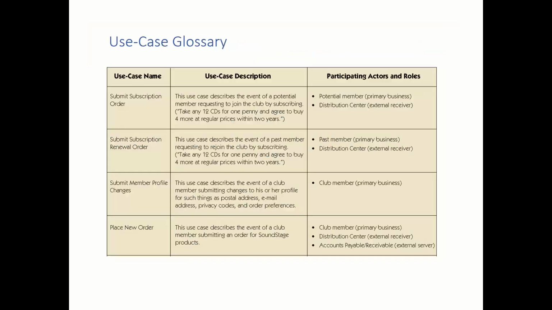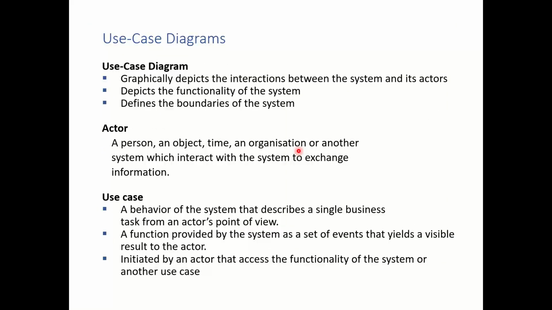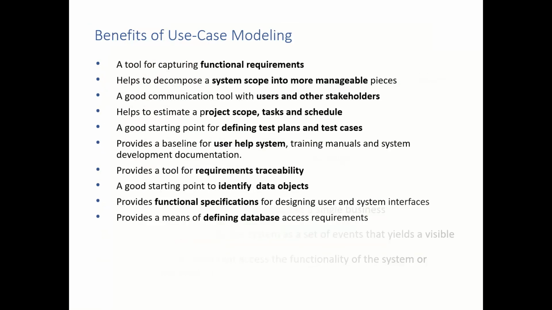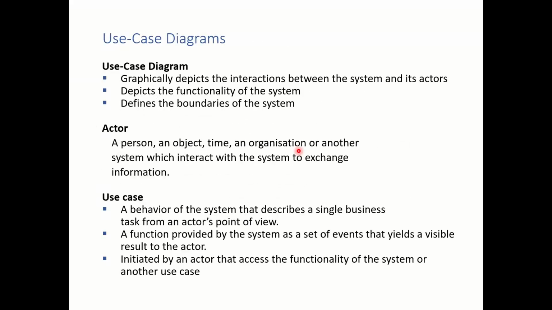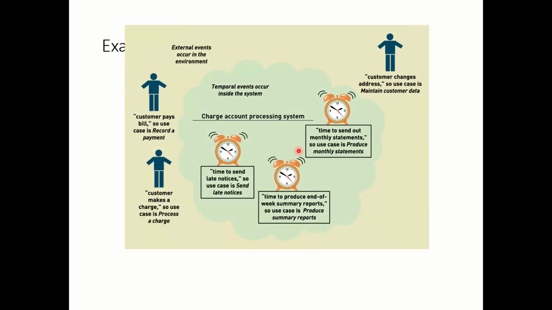So I hope you understood what a use case model is. A use case is just a Unified Modeling Language technique, which is basically used if you have very clear functional requirements, or if you're very clear about what is to be done with your system. If your requirements are clear, then use case modeling is basically easy. It's a good communication tool, and you are creating a use case diagram, and there will be actors, use cases, and various events which are happening.